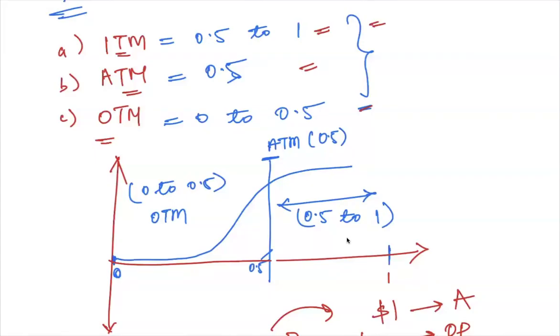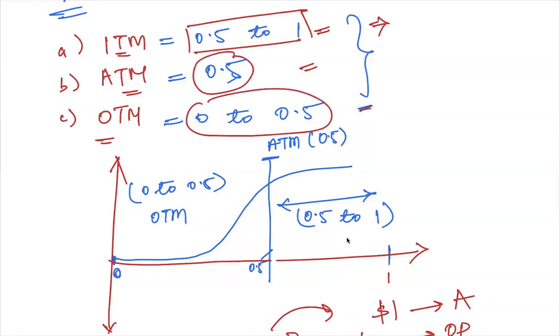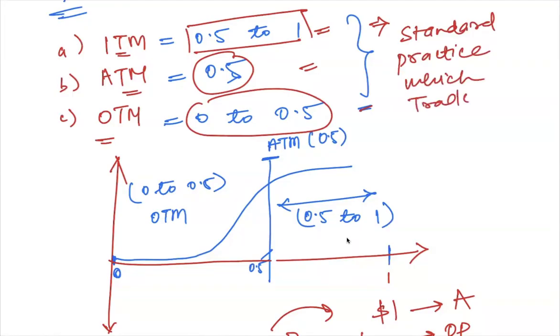So when the delta is, let's say, 0.75, that signifies your option contract is in the money. If it's 0.5, the option contract is at the money, and if the delta is 0 to 0.5, it is out of the money. It's a standard practice which traders and risk managers use to define the moneyness.